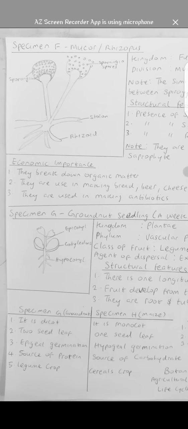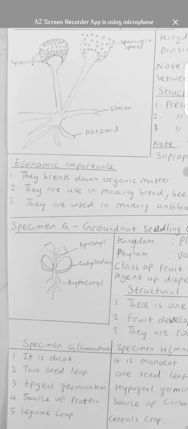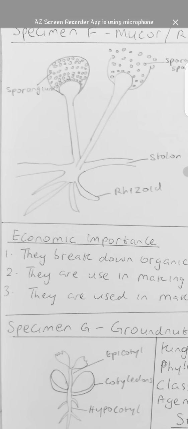Specimen F, we have mucor. Specimen F is mucor. So let's zoom in and let's see it. So the first labeling to your left is sporangium. Sorry, in case you cannot see it. Sporangium.